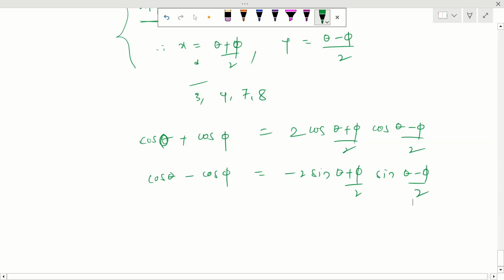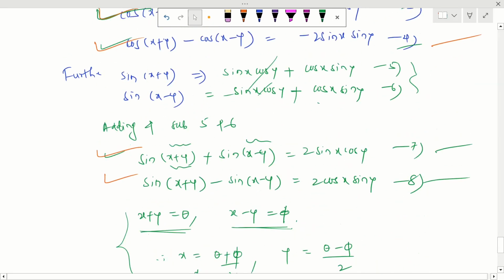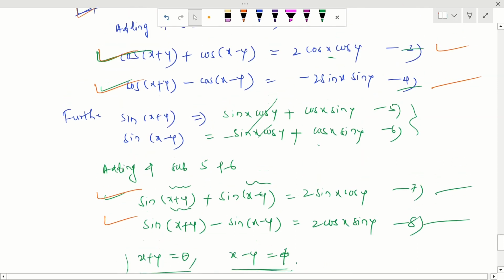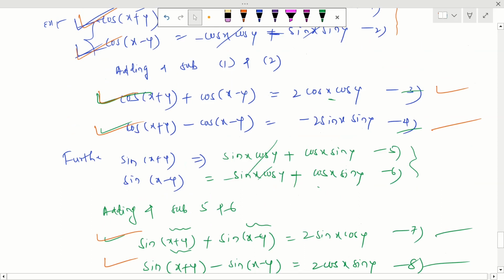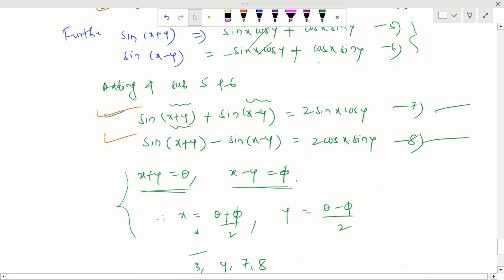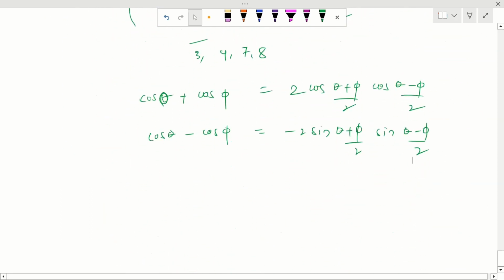You just check these equations. The fourth equation is minus 2 sin x sin y.